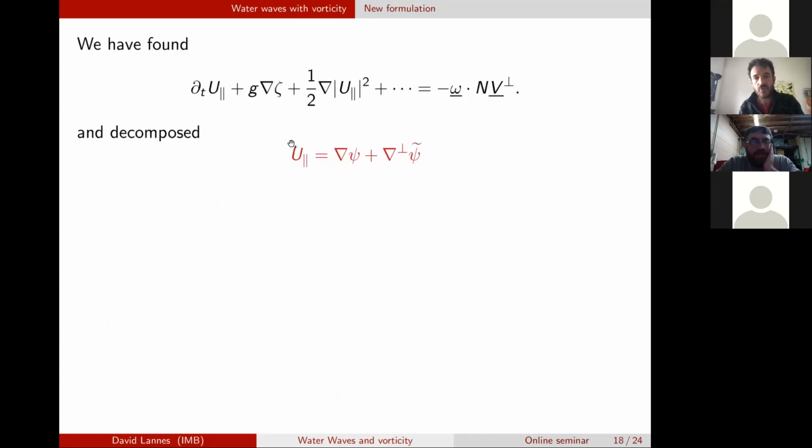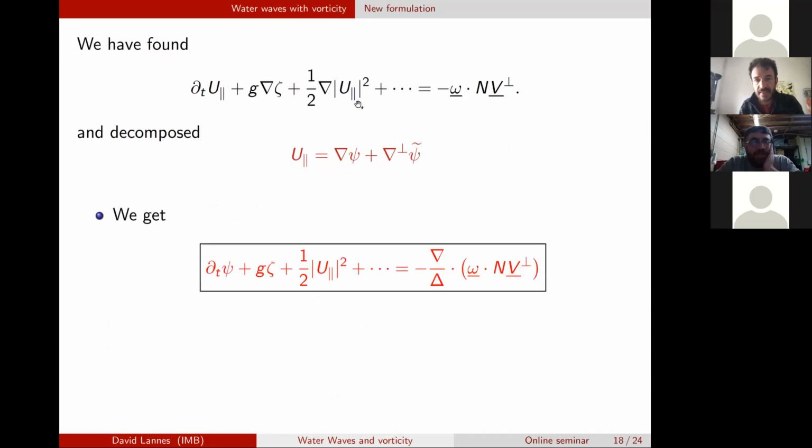So we have this equation on u parallel, and I decompose u parallel into grad psi and grad orthogonal of psi tilde. So the first thing that we get is that by projecting this equation onto the gradient vector field, what we obtain is that we have this equation on psi, which is a generalization of the equation of the Zakharov-Craig-Sulem equation in the irrotational case.